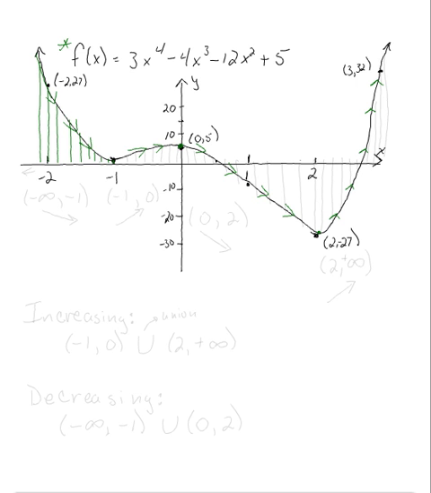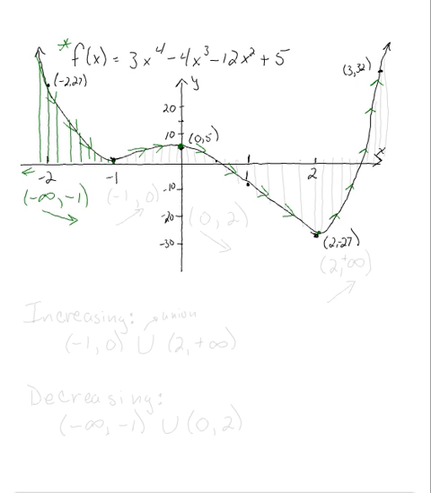So if I want to say what are the x values where these y values are decreasing, because this continues on to the left here, it's going to go from -infinity. Those are all going to correspond to y values that are decreasing as I move to the right. And it goes up to x equal -1. So for all of these x values, from -infinity up to -1, all of the y values are going to go down. They're decreasing.